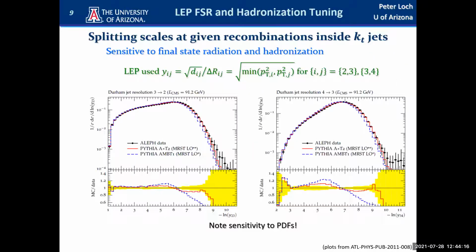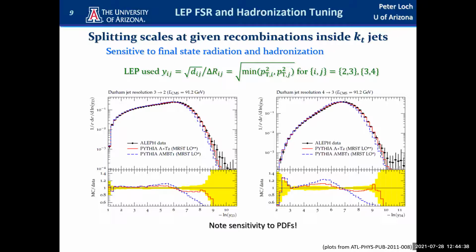So in the case of the LEP tuning, we even looked inside jets. We looked at the splitting scale. We used the splitting scale inside jets to tune final state radiation and hadronization. This makes a lot of sense because the splitting scale is one branching inside the jet.